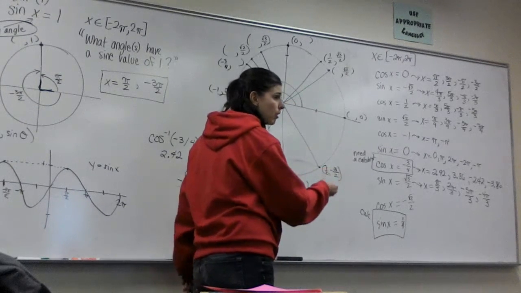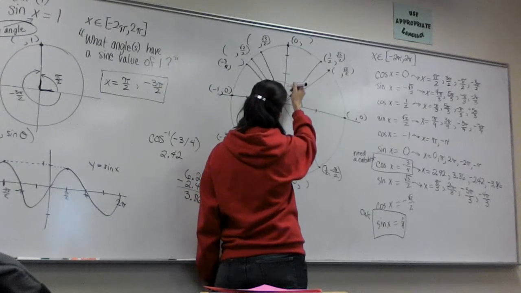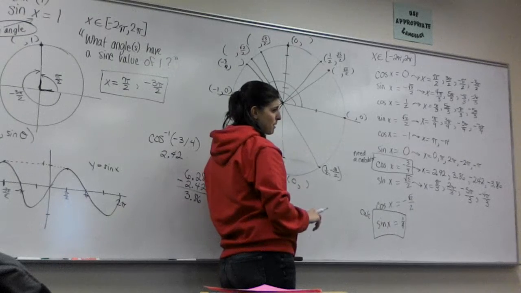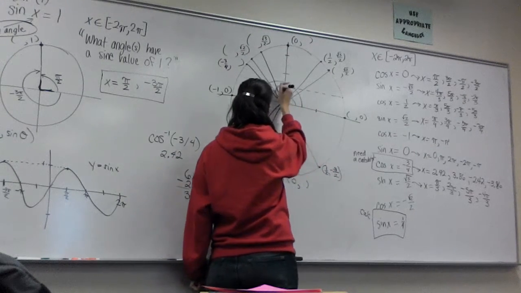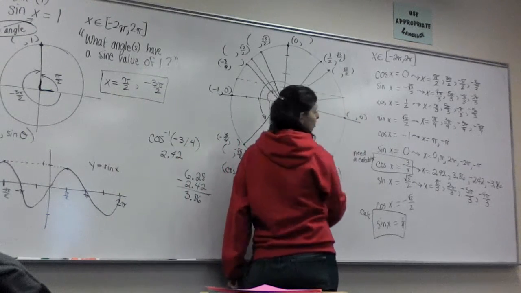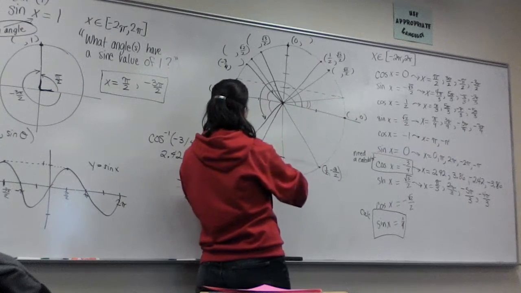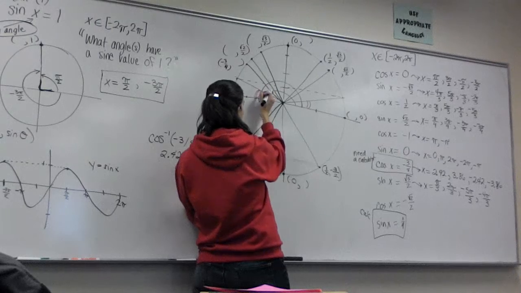Sine is the y value, all right? There's another way to do it as well. You can do some more memorizing than that, but it usually makes more sense for people to do it this way. So for this one, I would take that angle right there and subtract it from pi to land over here.